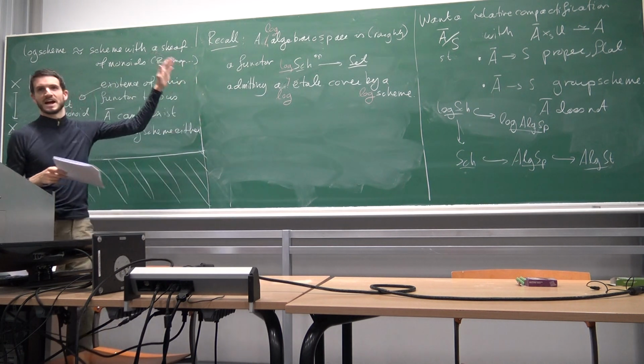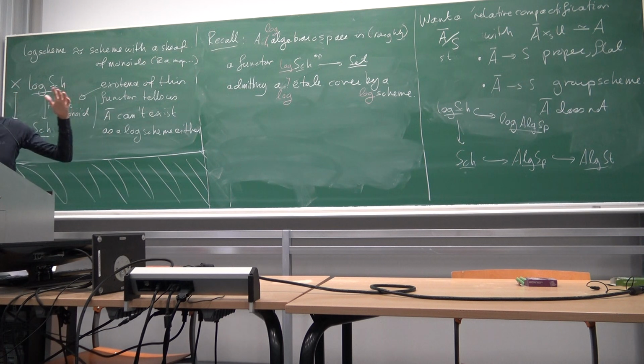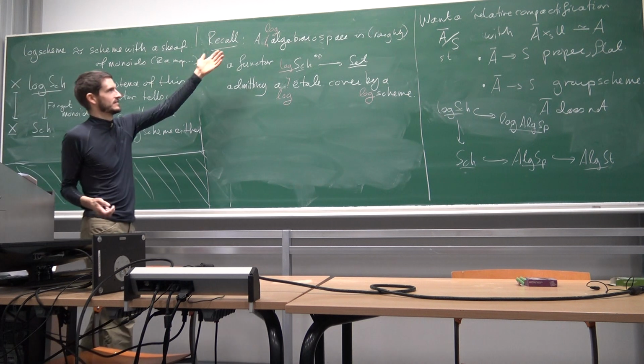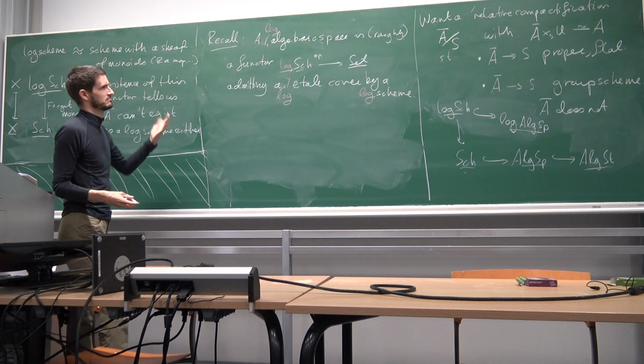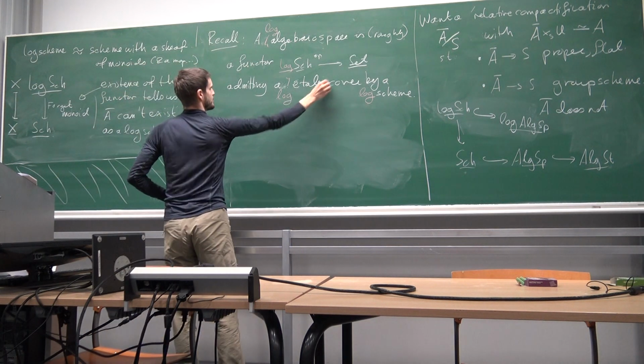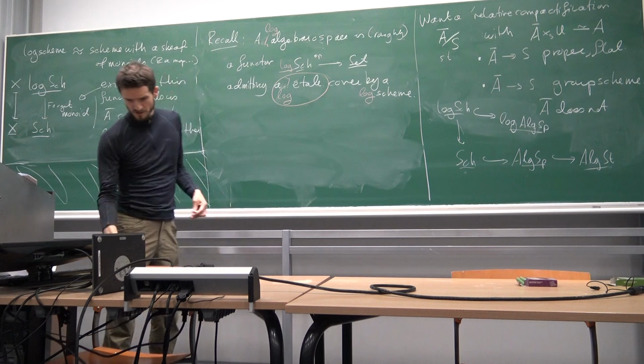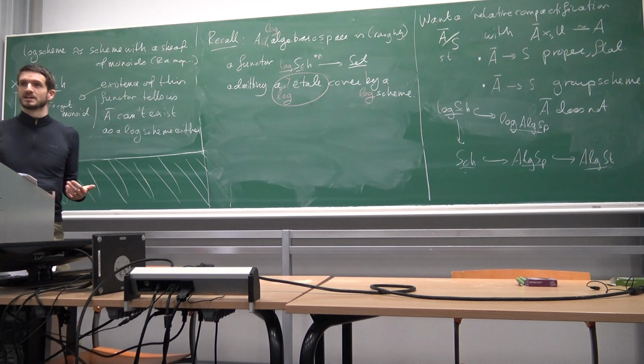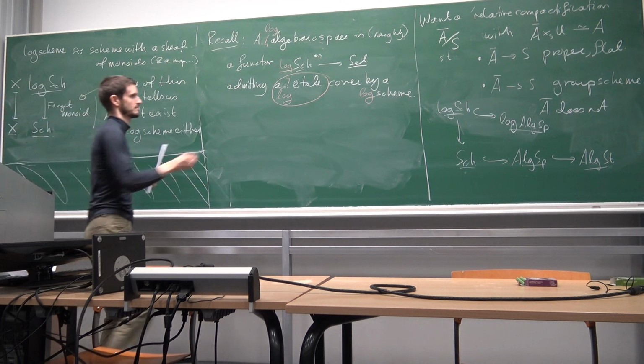Again, we have to be careful about the diagonal, and in the paper of Molcho and Wise, they check the relevant conditions on the diagonal. Most of this is not very surprising: it is now called a log algebraic space, it is a functor from log schemes, and it's covered by a log scheme. But really, the important thing is the word log étale cover, because as we've seen, log étale is very, very different from classical étale.